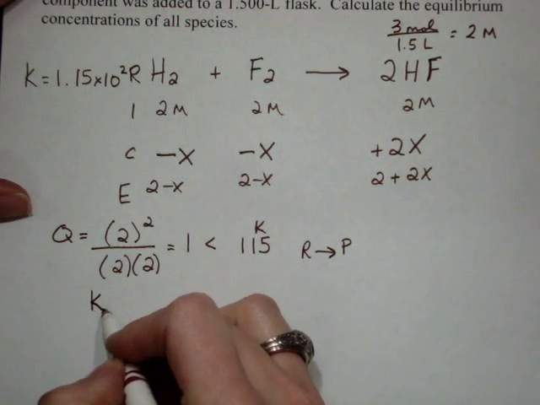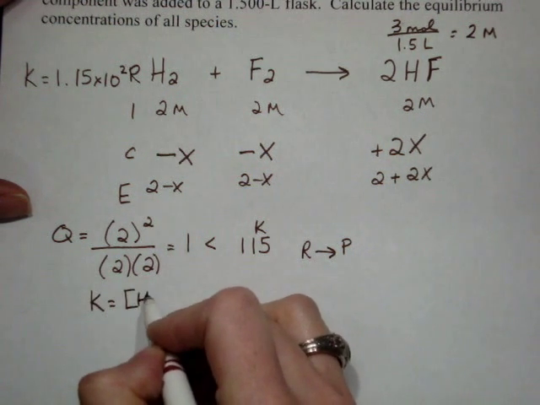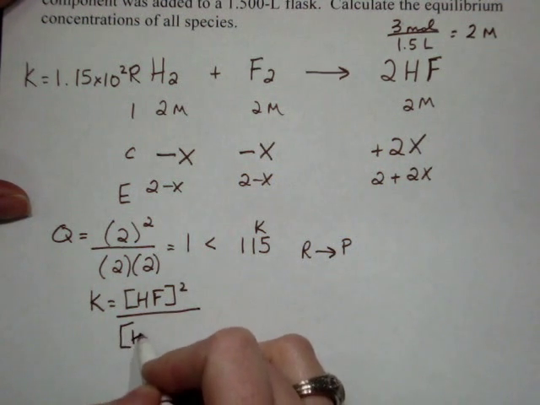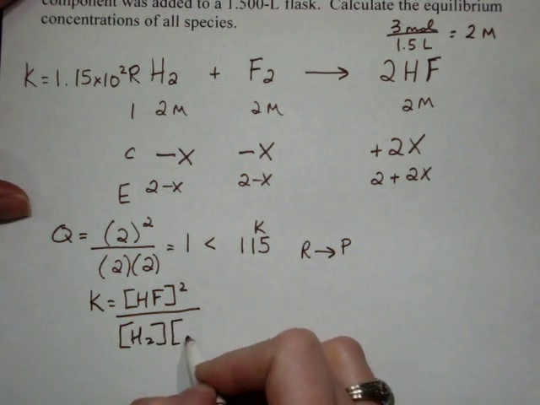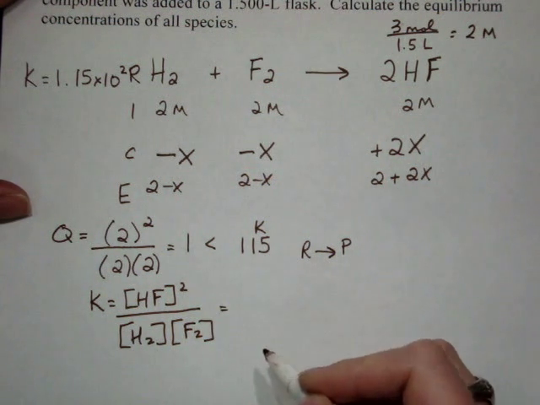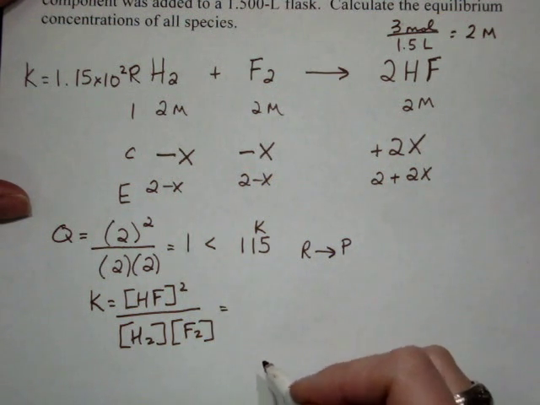So my K expression is again concentration of HF squared over concentration of H2 and concentration of F2. And all that's equal to 115. So I'm going to use what I get from my ending values.